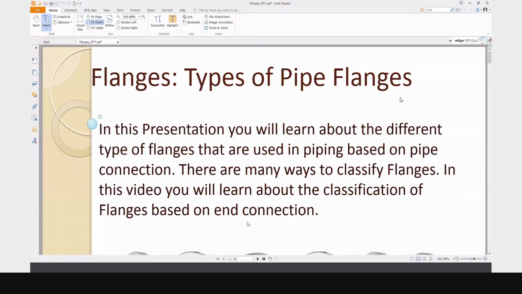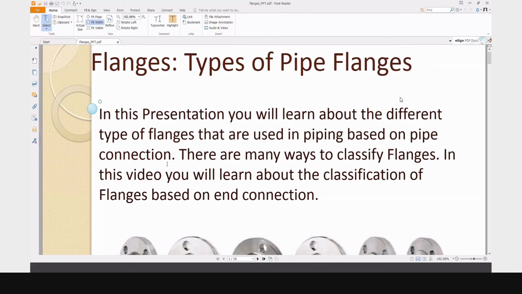So you can see this PPT. Here we will show the different types of flange by the way they are used to join the pipes.